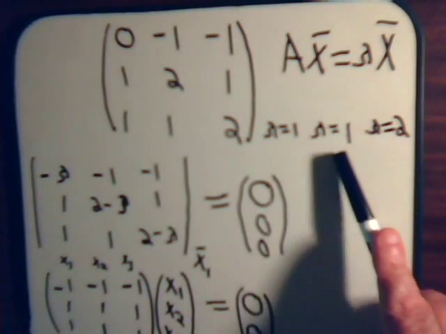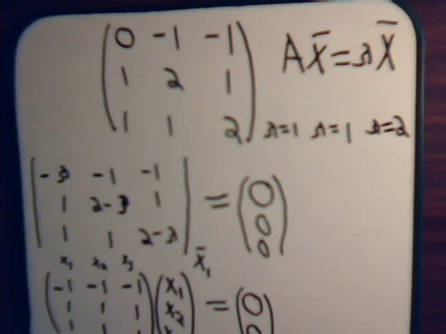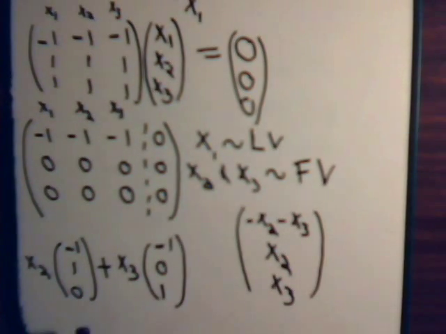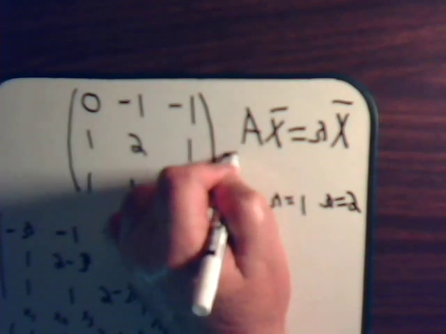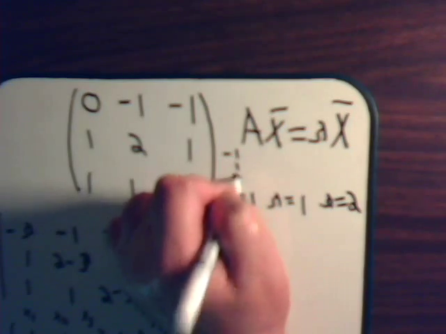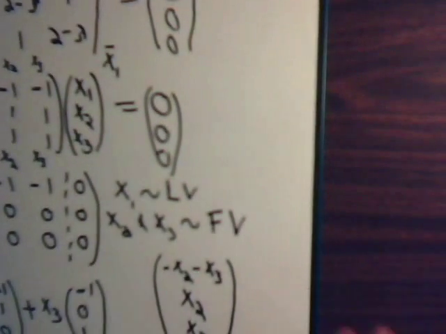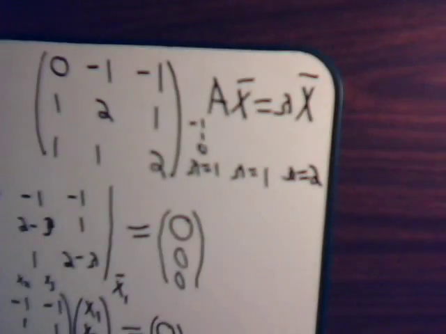So each one of these has an eigenvector associated with it. What's more, the eigenvectors are linearly independent. They're the basis of this null space. So here they are, minus 1, plus 1, 0, and minus 1, 0, 1.